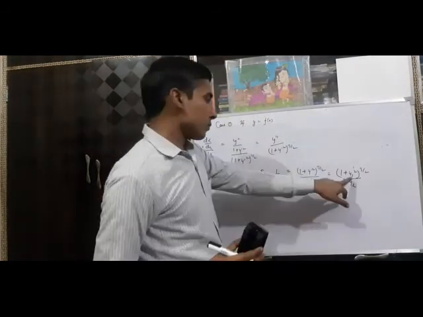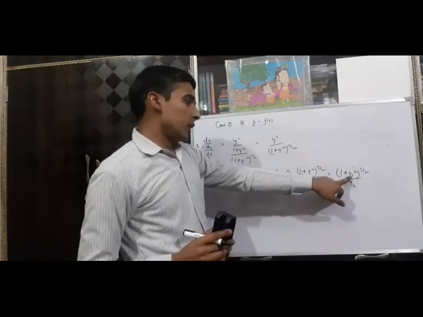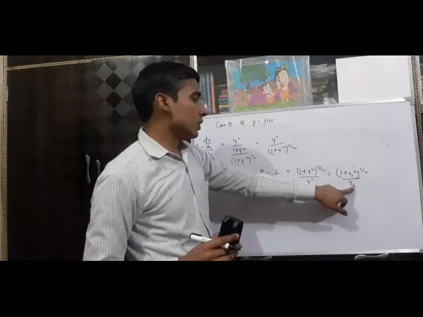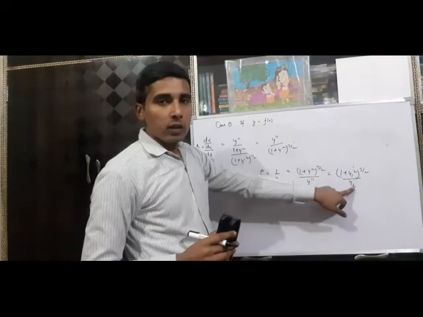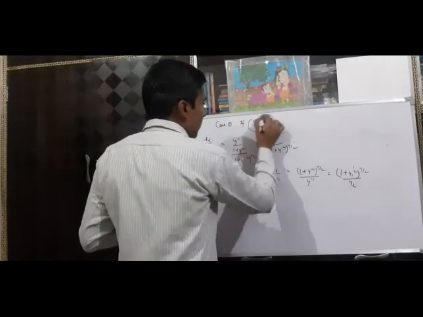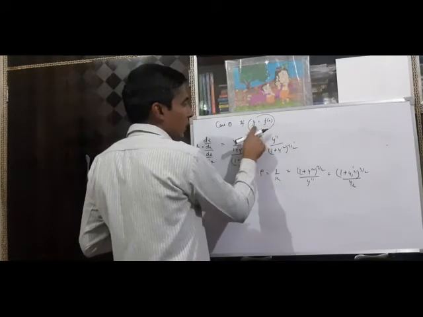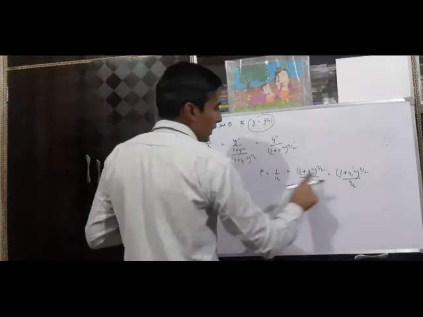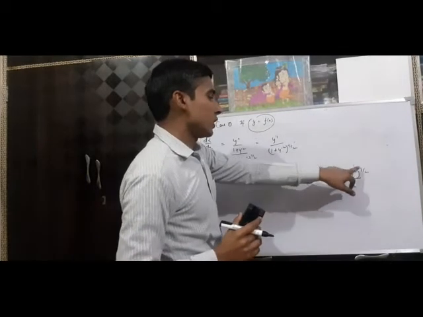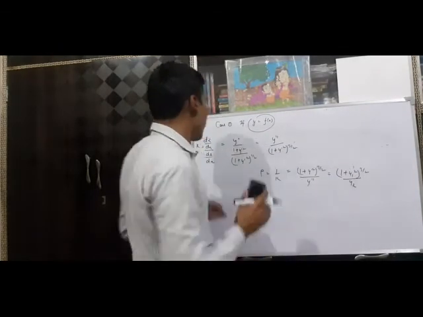Here y1 means derivative of y with respect to x, and y2 is second derivative of y with respect to x. So when the curve is y equal to f(x), the radius of curvature can be written in this form: 1 plus y1 square raised to power 3 by 2 upon y2.